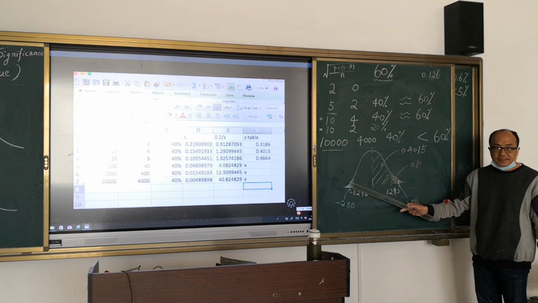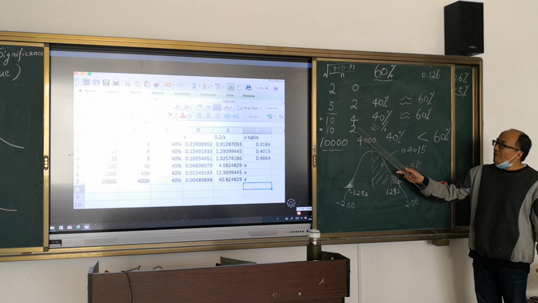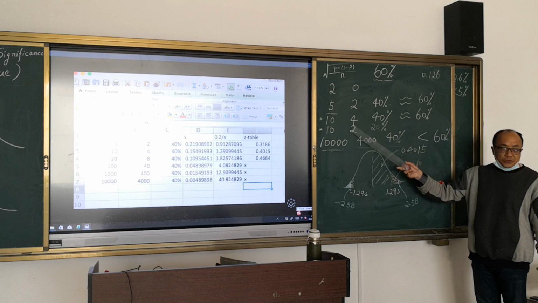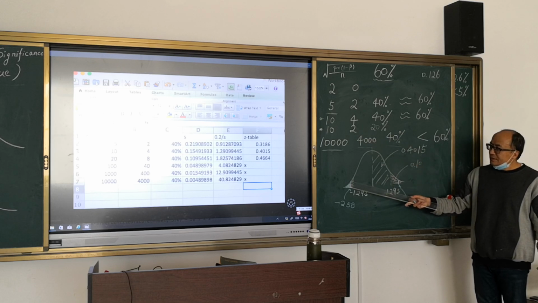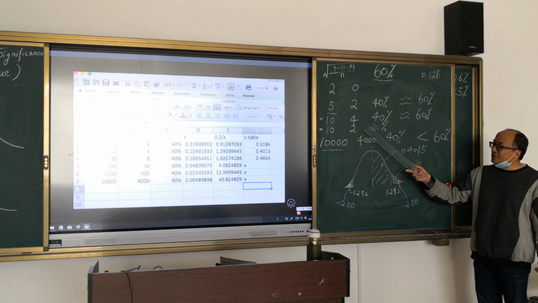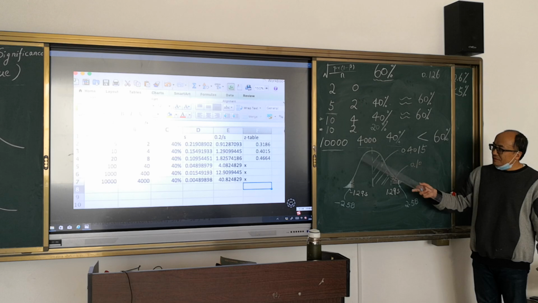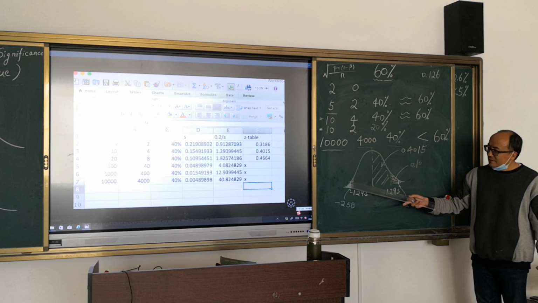The probability for this case to happen, or even worse, not just this but even worse, is this little blue area.